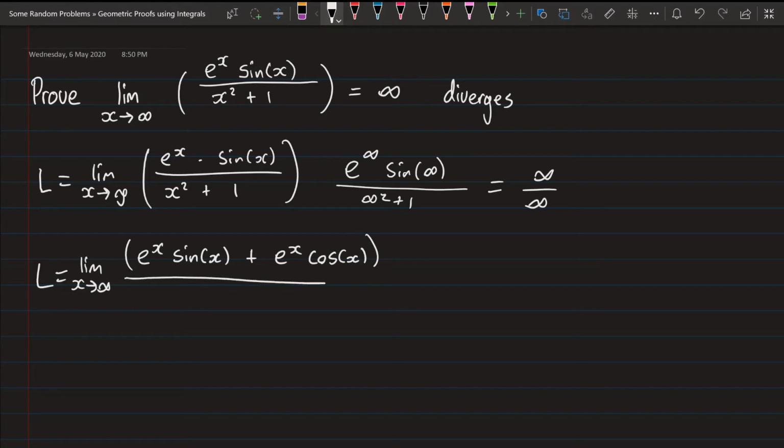And here we get 2x. Okay, well that is going to go to infinity over infinity again. Well, that's annoying. We have to apply L'Hopital's rule again.